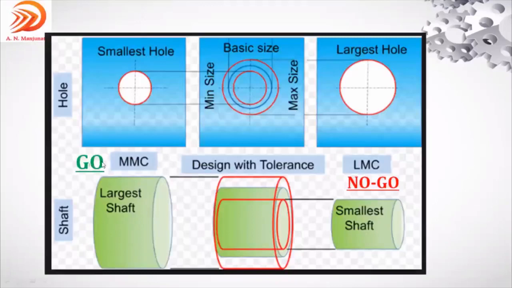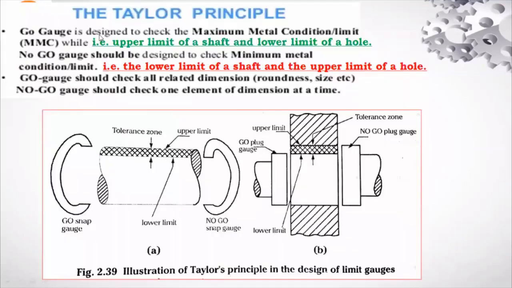Are you getting it? All of you understanding? The upper limit for the shaft is the largest shaft; the lower limit of the hole is the smallest hole.